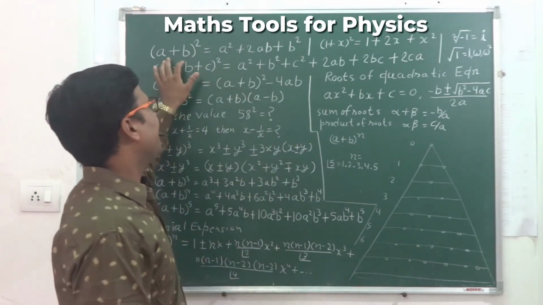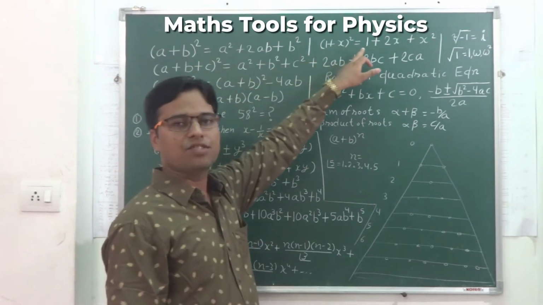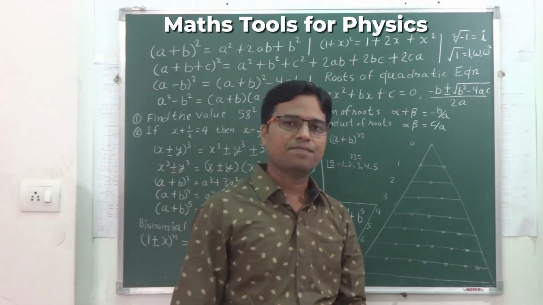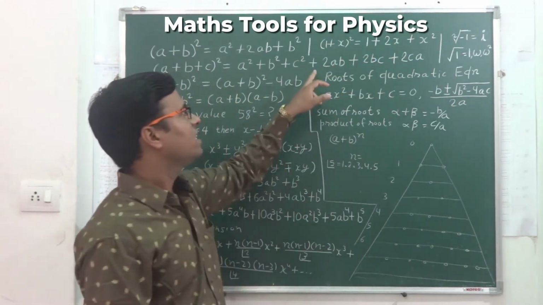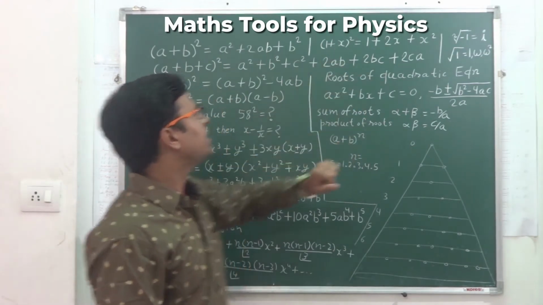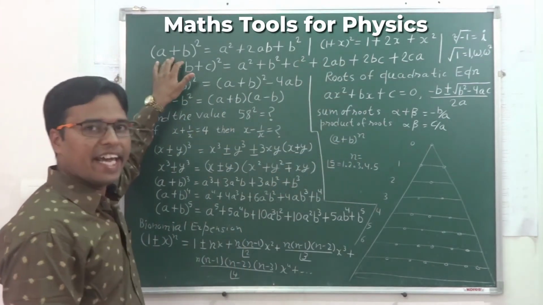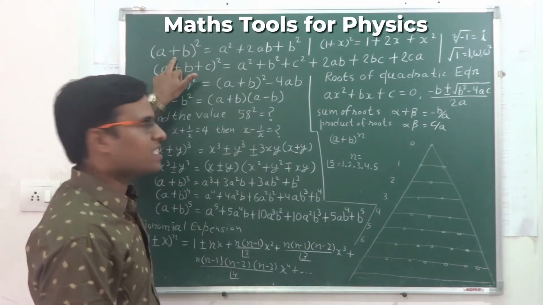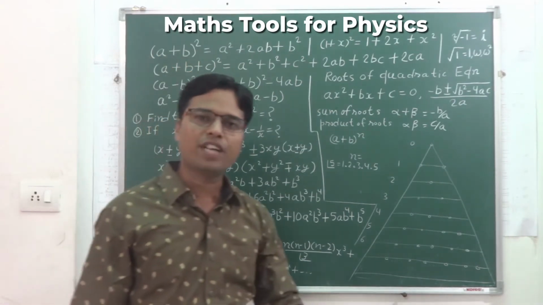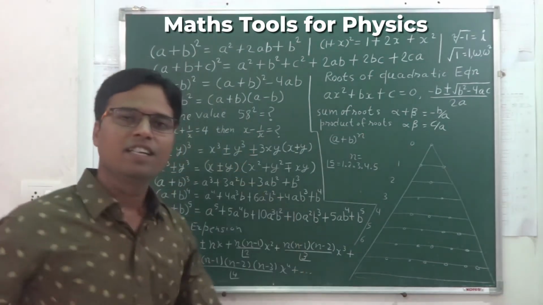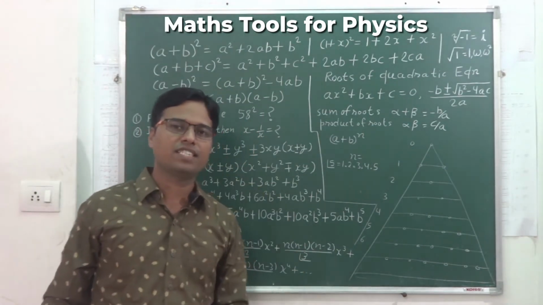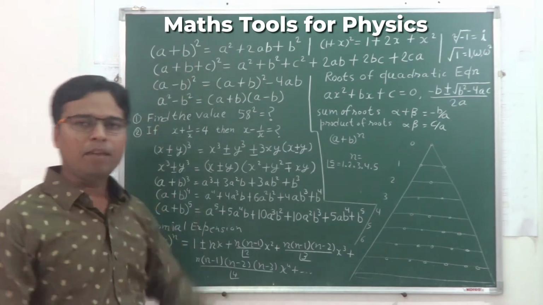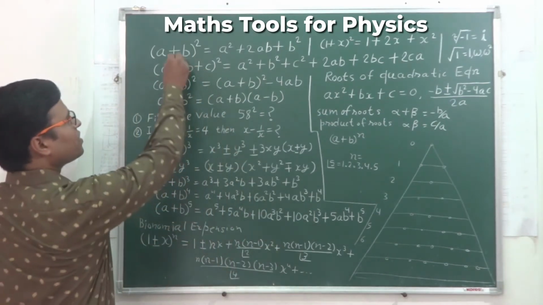Sometimes we can expand (1 + x)^2 as 1 + 2x + x^2. Now friends, if we use this formula for a plus b, but put a minus sign, then we can write it accordingly. So we have two formulas, one for the plus sign and one for the negative sign.